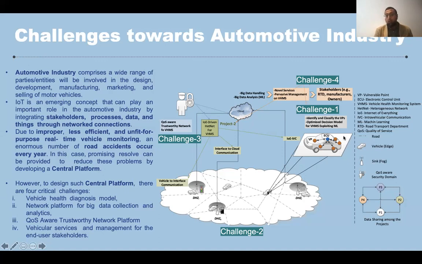So what we can do is, in order to monitor the structure of the car, we can think about a health diagnostic center of the car. So there is a challenge and an idea you can think about: how we can design a vehicle health diagnostic model inside the car.